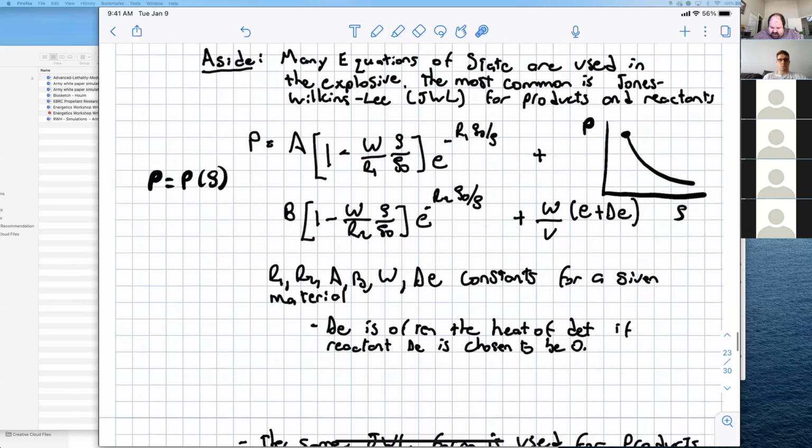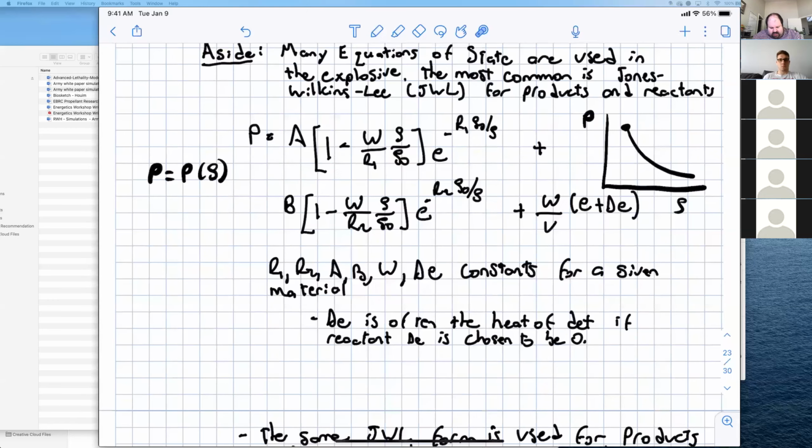Okay, and so there are all these parameters. It's a very nonlinear equation of state, and one gotcha. Another reason that you don't consider compressibility factors with explosive equations of state is that a lot of them aren't even thermodynamically consistent. JWL is one of them.